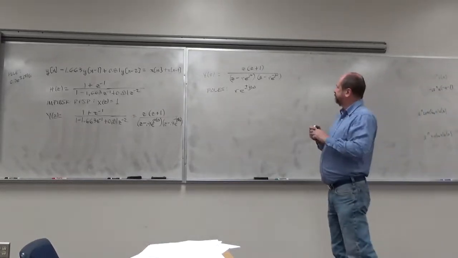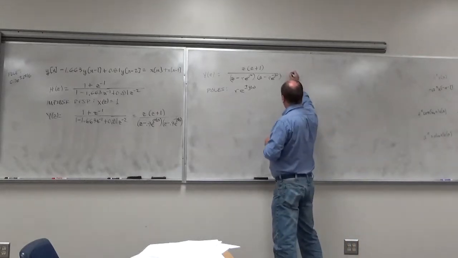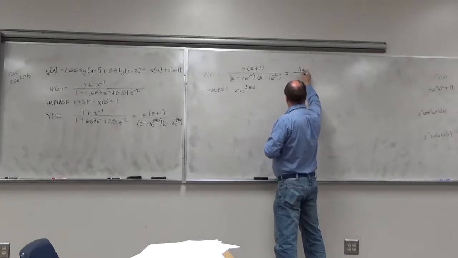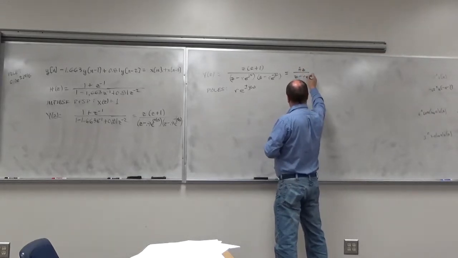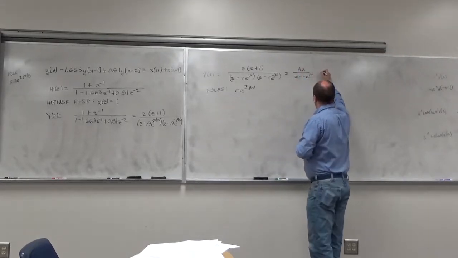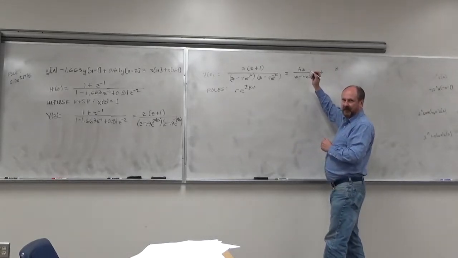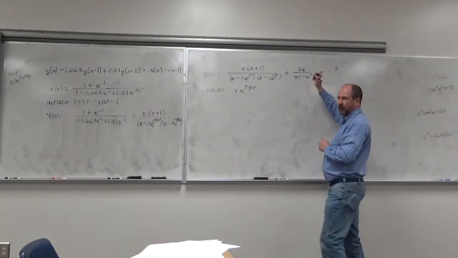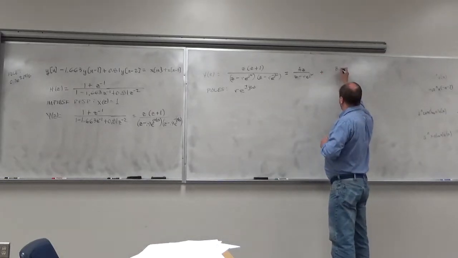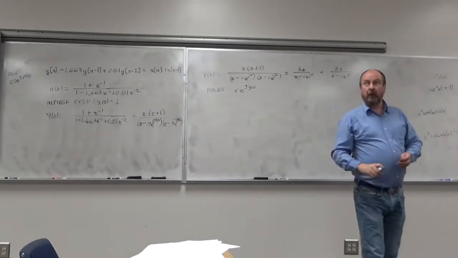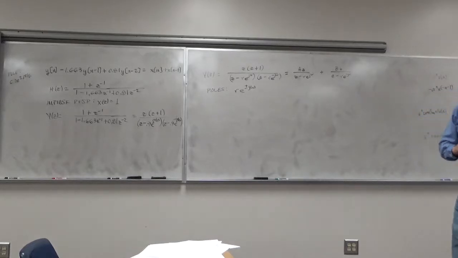Can we do a partial fraction expansion like this? A z over z minus r e to the j omega plus b. If you're taking notes in ink, don't write the second numerator, because I'm going to change it. Over z minus r e to the negative j omega. Could I do a partial fraction expansion like that?